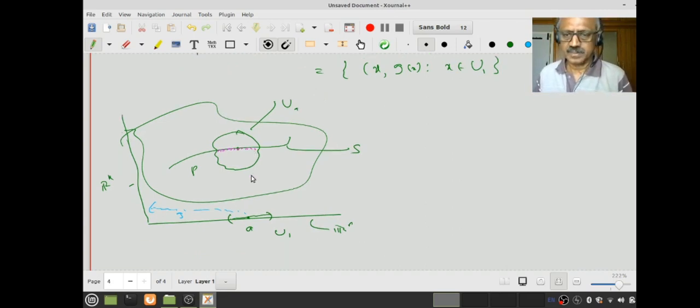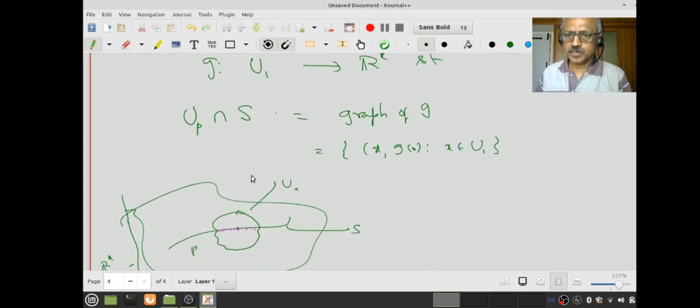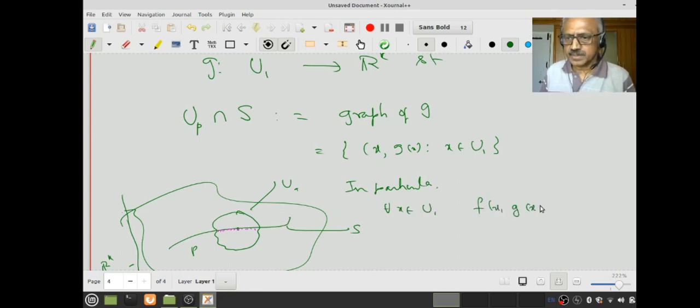Please understand. Is the theorem clear? In particular, this is the usual version you will see in all textbooks: for every x in U1, f(x, G(x)) is 0. Why?